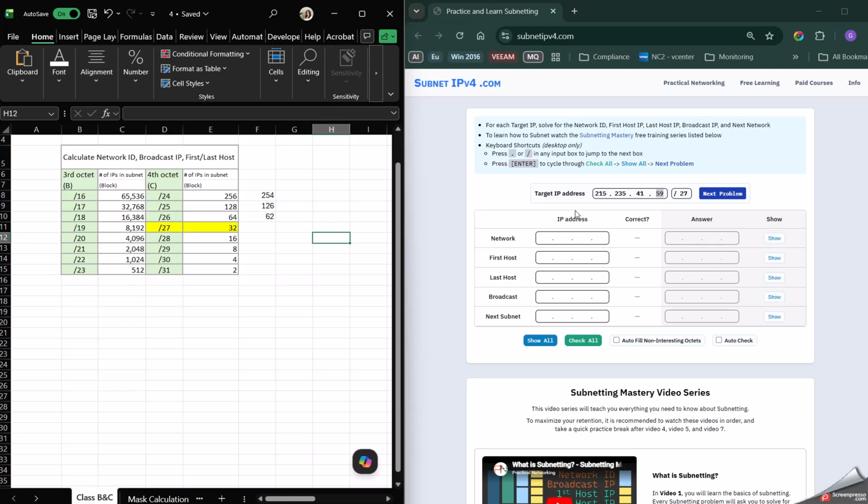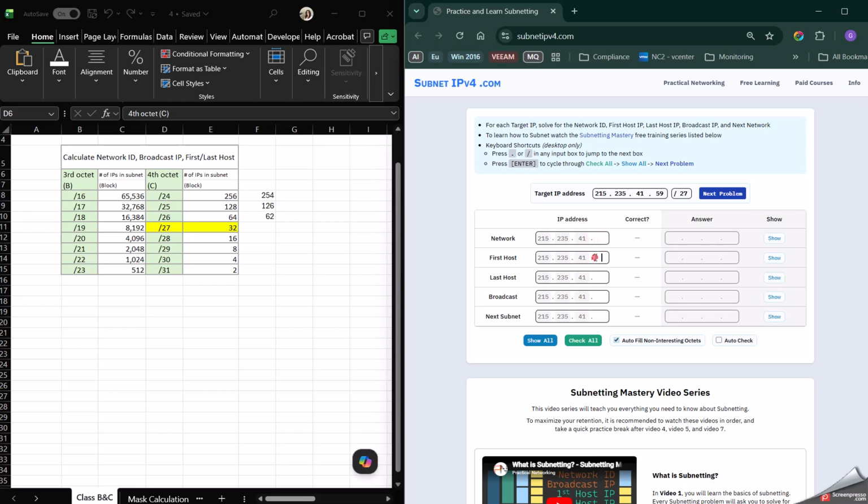So what this means is basically, because it's a /27, I know straight away that I'm working with the fourth octet, which means the first three, 1, 2, and 3, they're the same. This site even has a button here that can autofill the non-interesting octets, and you basically copy them.